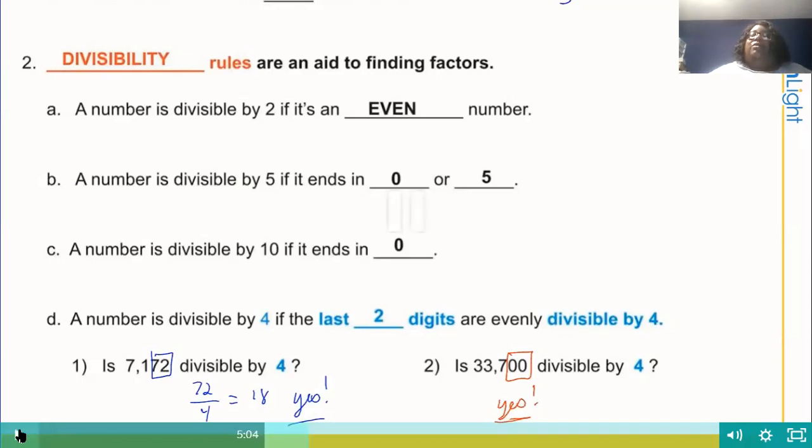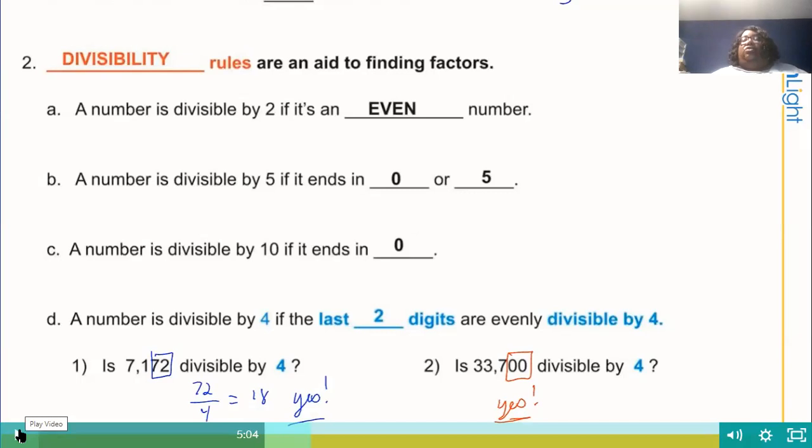Okay, so let me go over that one more time for you, just in case he was moving fast. 100 is divisible by 4 because 4 times 25 is 100. So that means any of the hundreds, as long as it's an even 100, 100, 200, 300, 400, 500, will all be divisible by 4.